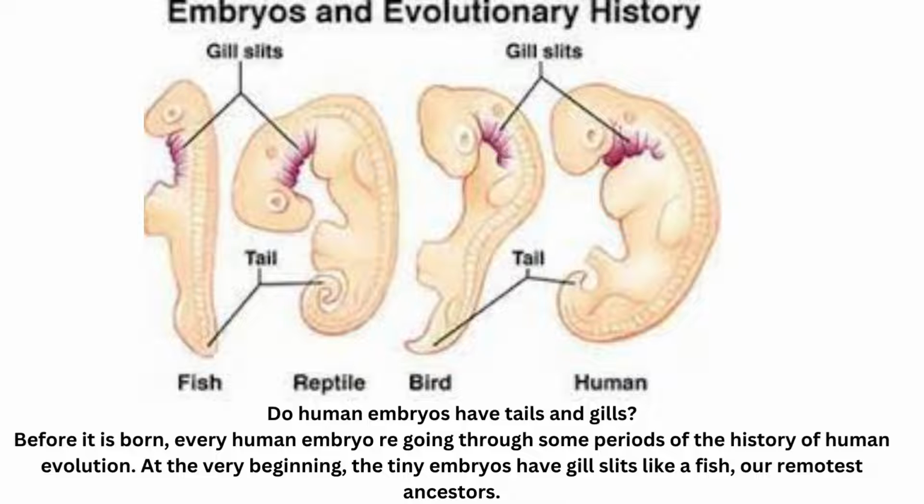It makes us question, do human embryos have tails and gills? Before it is born, every human embryo goes through some period of the history of human evolution. At the very beginning, the tiny embryo around the initial 4 weeks has gill slits like a fish, our remotest ancestors.